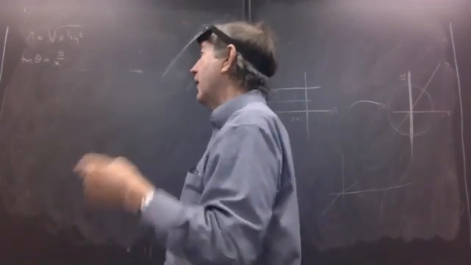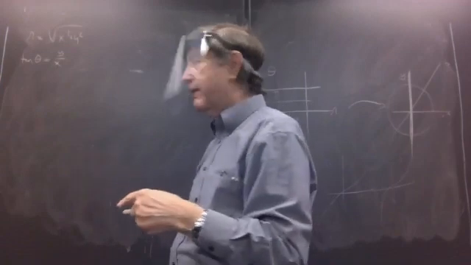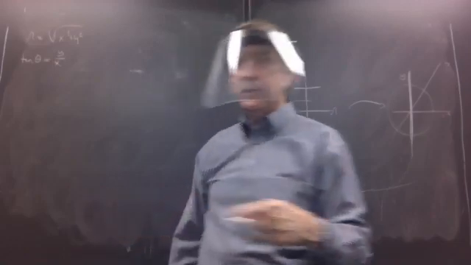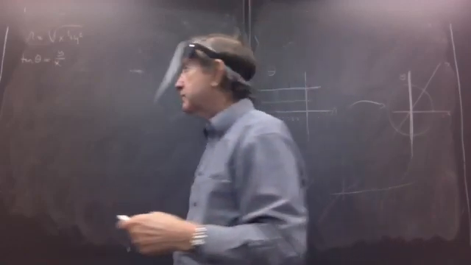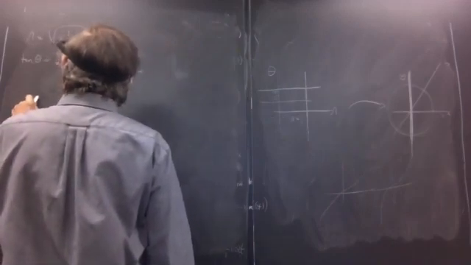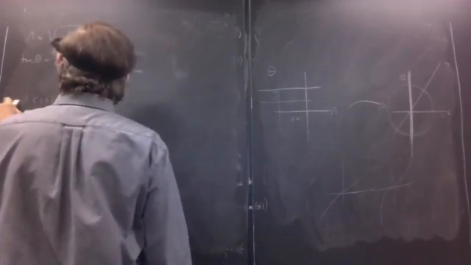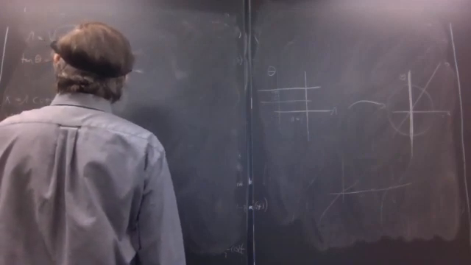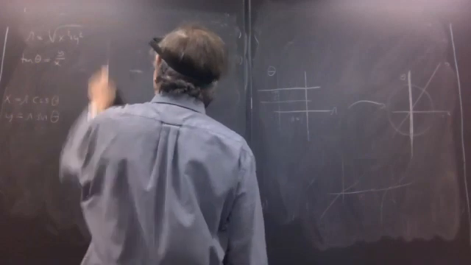What if I'm given r and theta? How do you find the x and y? Well, r times the cosine of theta turns out to be x, and r times the sine of theta turns out to be y. Why is that?